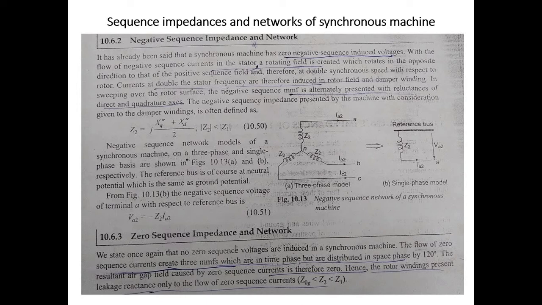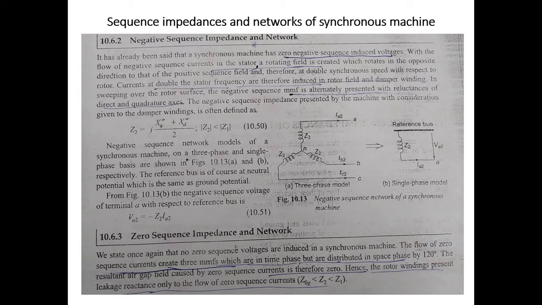Z2 is equal to j(Xq'' plus Xd'')/2, where Xq'' is the quadrature axis subtransient reactance and Xd'' is the direct axis subtransient reactance. According to the formula also, we get the idea that the value of negative sequence impedance is always less than positive sequence impedance.